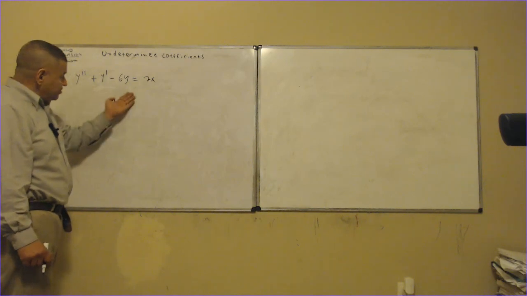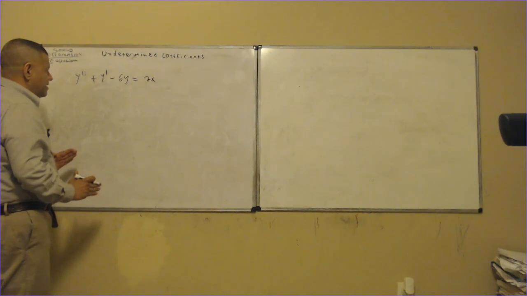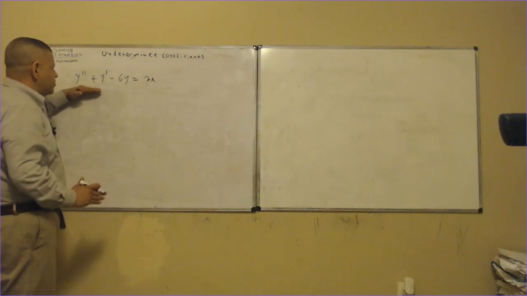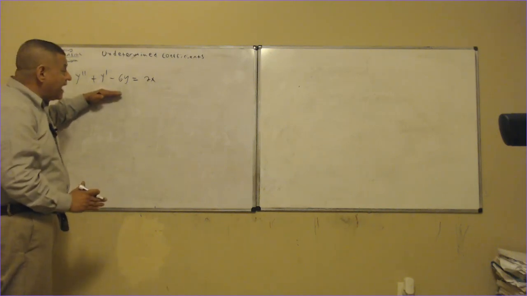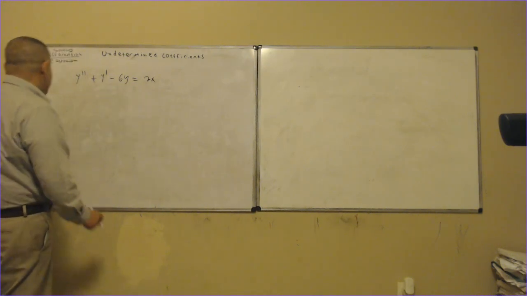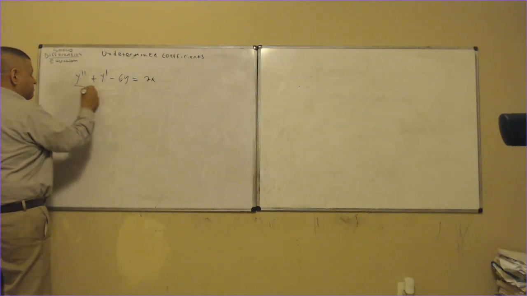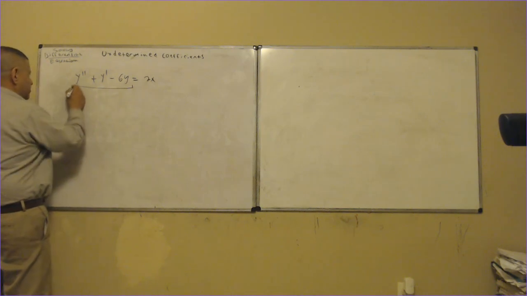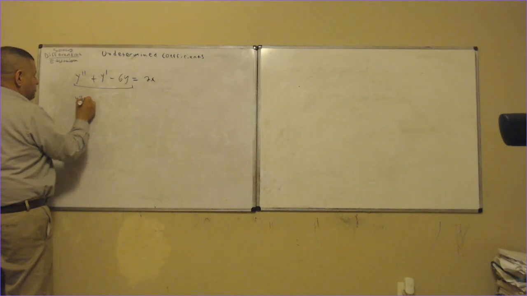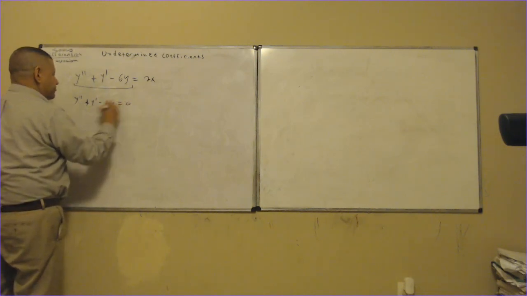Once we find a complementary solution by making the left side homogeneous, then we will continue to find a particular solution by finding the undetermined coefficients, right? So the first step is making this equal to 0, right? So first step, we have y double prime plus y prime minus 6y equals 0, right?